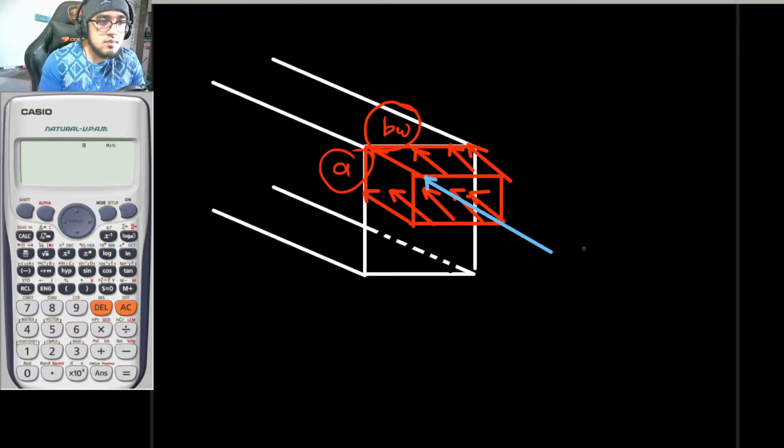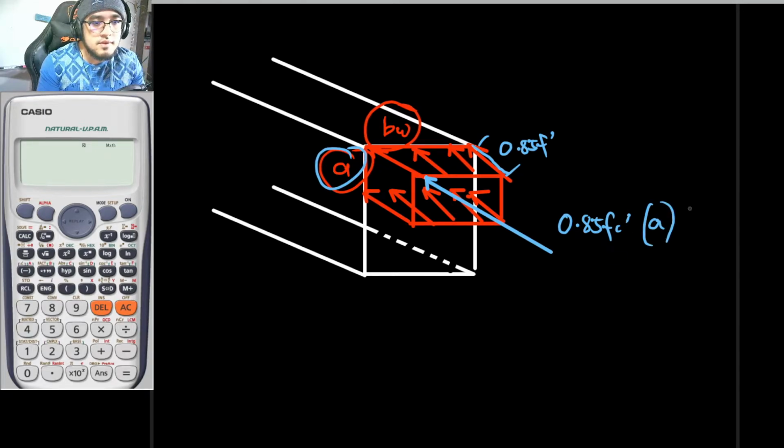So this is now equal to 0.85 Fc prime, because that is the magnitude of the stress, times A times BW. So this is for your value C, compression.